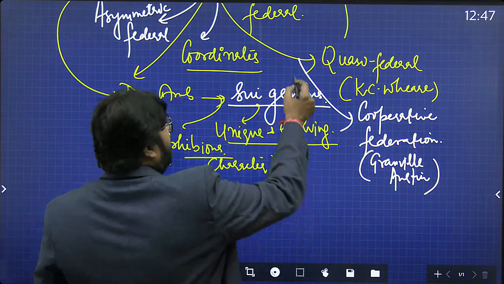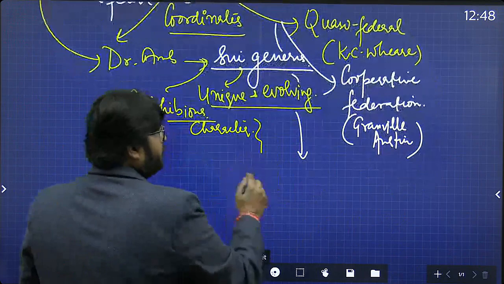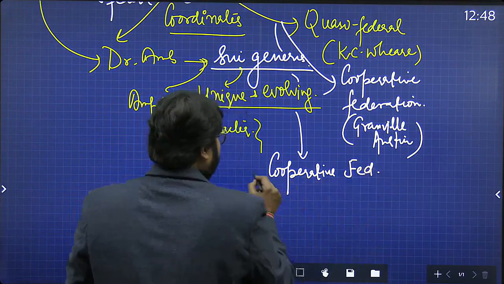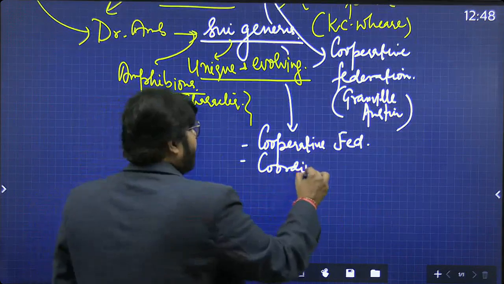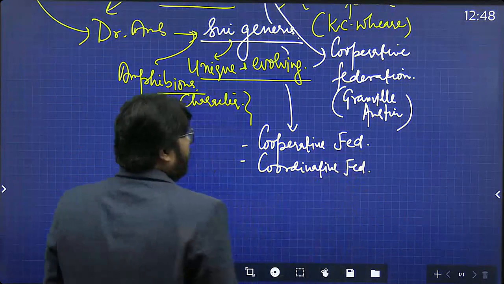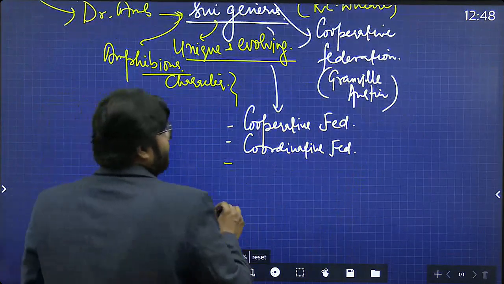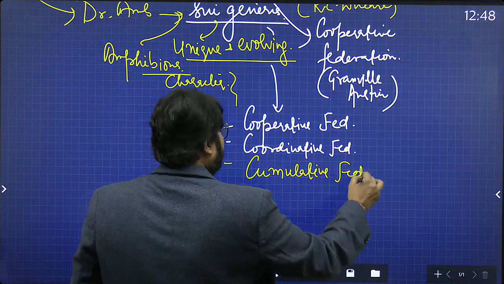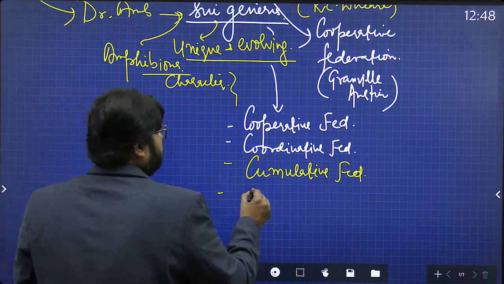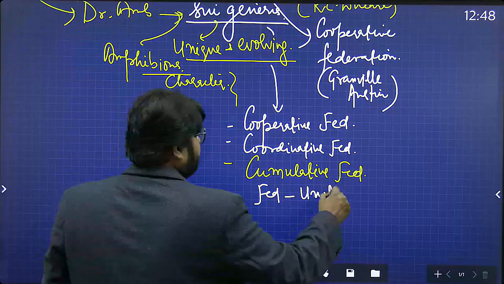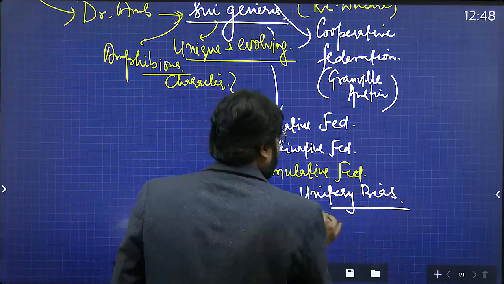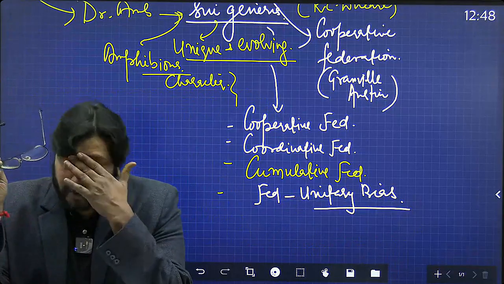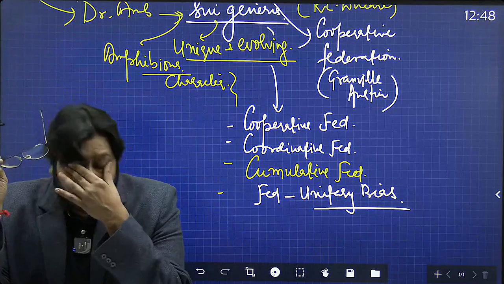From here we start using the terms when we see the features of the constitution: that the Indian constitution is cooperative federalism, coordinative federalism, cumulative federalism with unitary bias, federal with unitary bias, or unitary with federal elements.